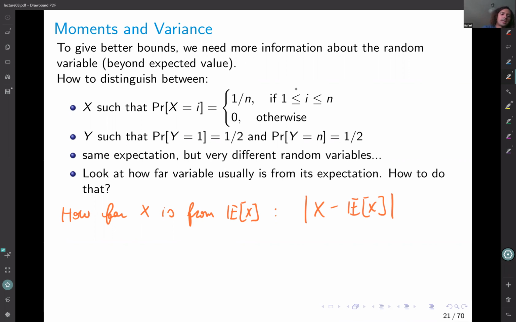So at first glance, we can try to compute the expectation of this new random variable. This is another random variable.